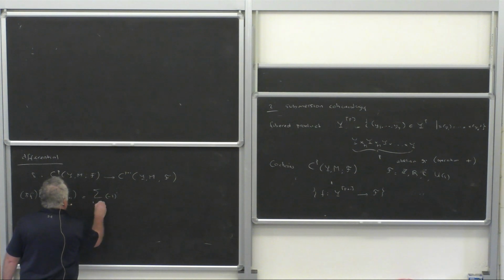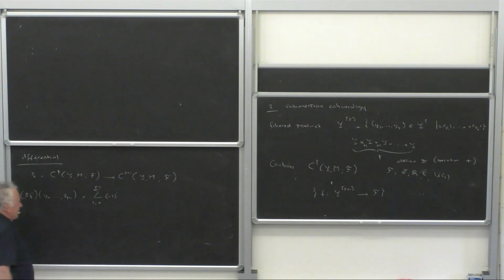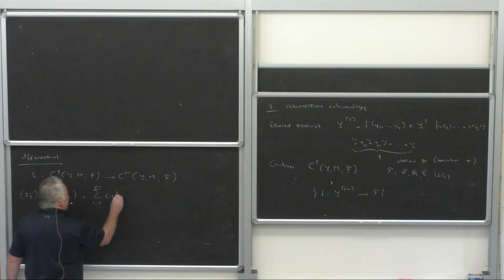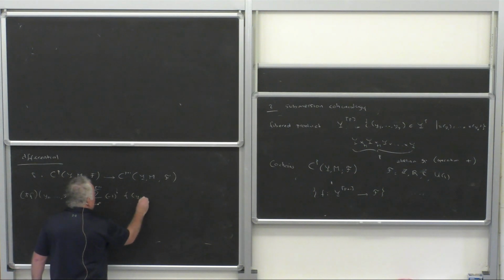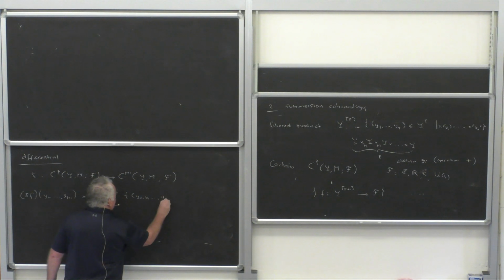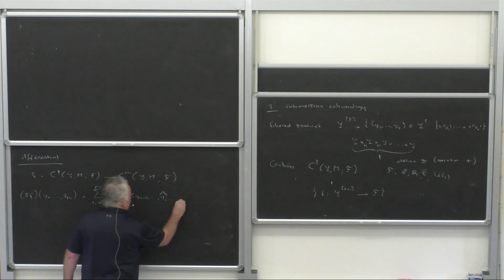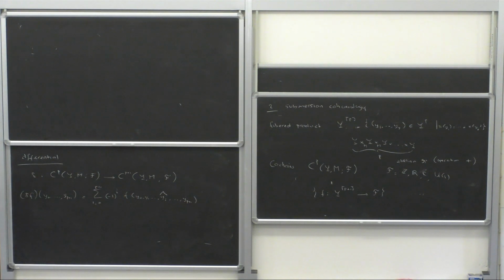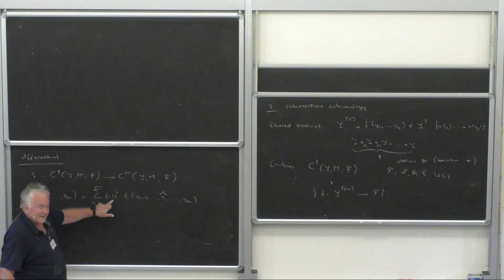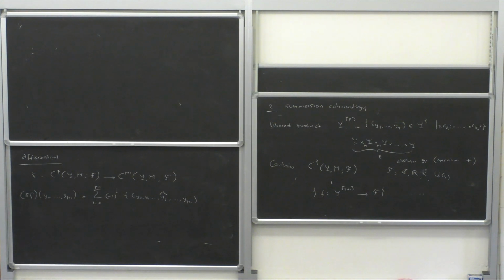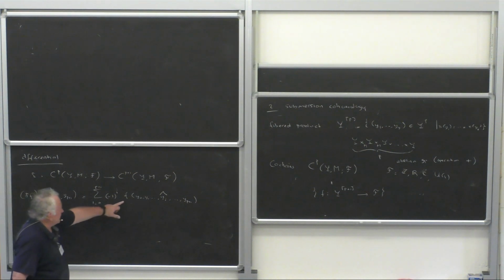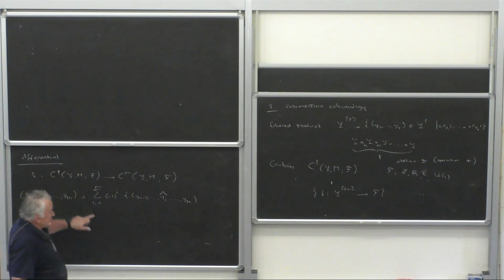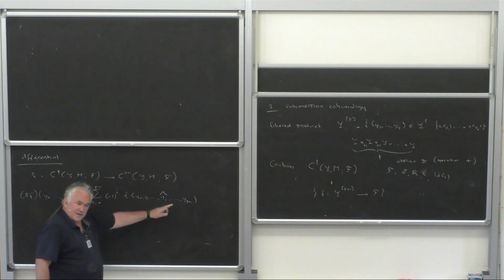I sum from 0 to p+1, (-1)^i, and I take f of y0, y1, and so on, leaving out the yi, so my hat here means omission, and I do that with an alternating sum. So the first term, that's why I start labeling from 0, just comes with a plus sign. That's a convenient convention. And indeed, f was something that lives on p+1 variables, so if I omit one, I can evaluate f on that.